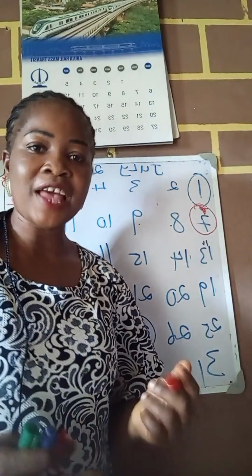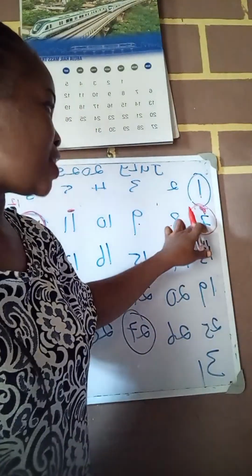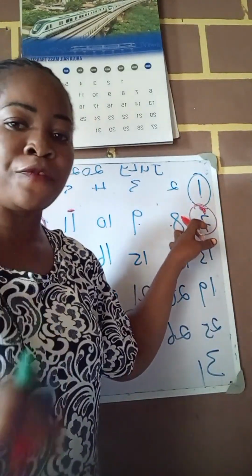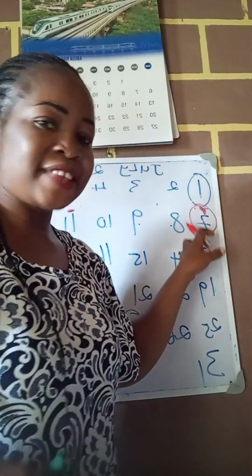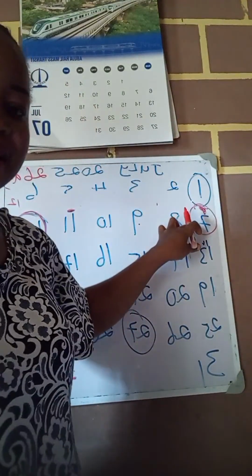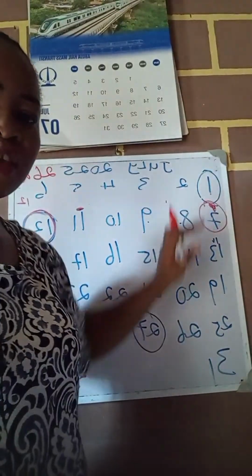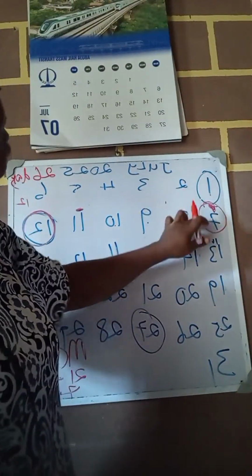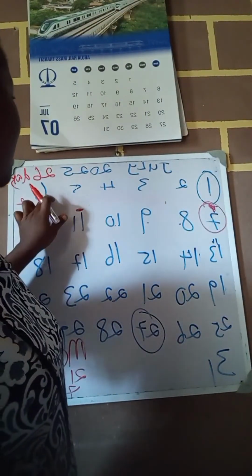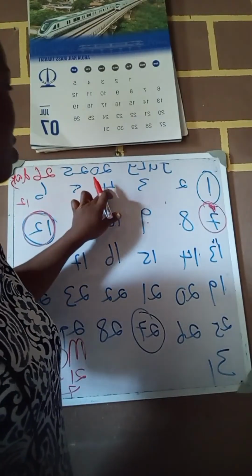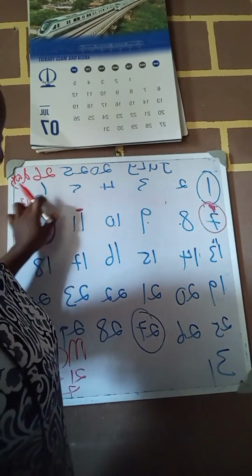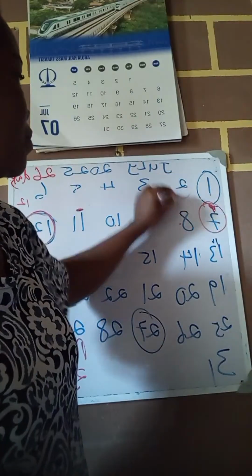Now your fertile window is this day 7 plus 5 days before day 7. Can you see the board? This is day 7. 5 days before day 7 is day 6, day 5, day 4, 3, 2.